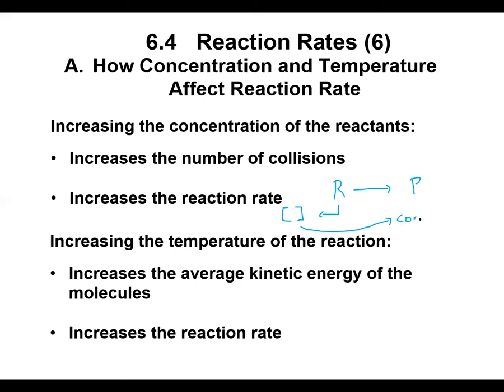And as we'll talk about in a later chapter, concentration is usually given as molarity, which is moles per liter. We haven't talked about that officially yet, but that is usually what you'll see.